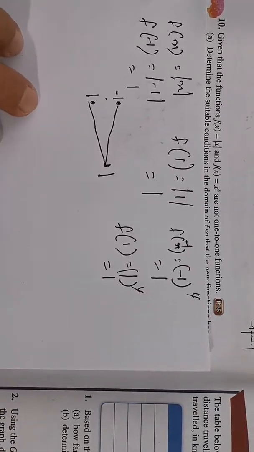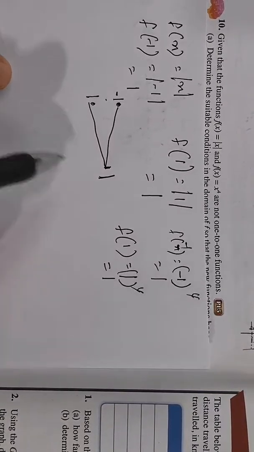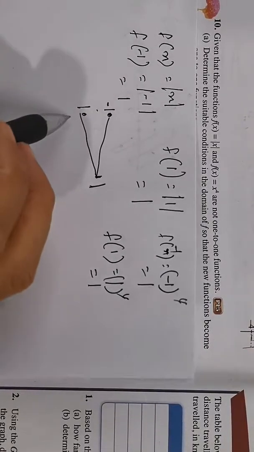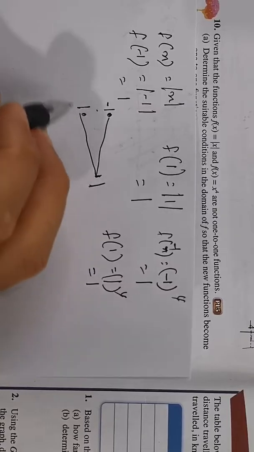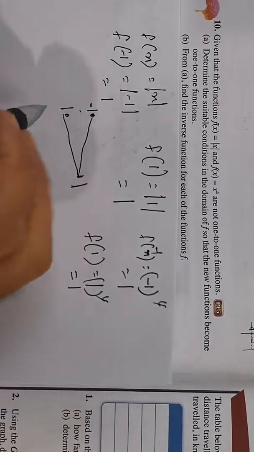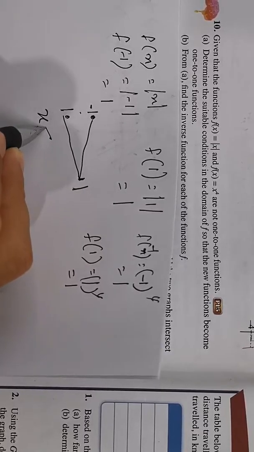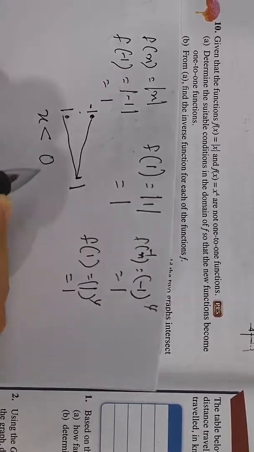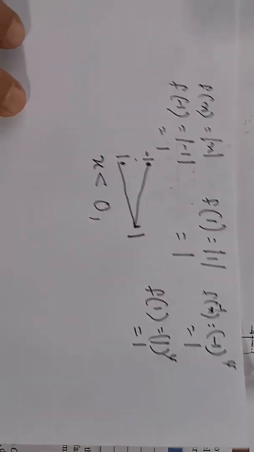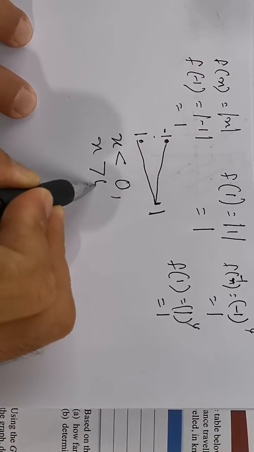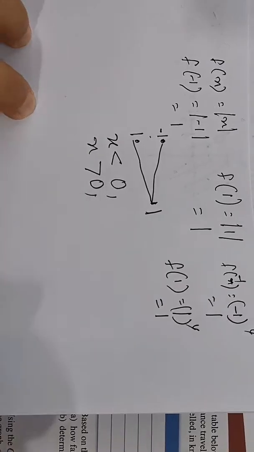Determine the suitable condition in the domain so that the new function becomes one-to-one. We can say x is less than 0, or you can say x is larger than 0. Any of these are correct.